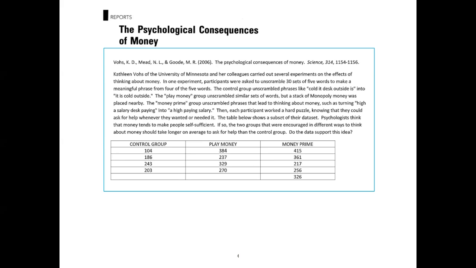In the play money group, they do the same thing, except they have stacks of Monopoly money next to them somewhere that they can see it. And in the money prime group, they need to unscramble phrases that remind people of money. So the overall question is, if people are made to be more self-sufficient when they're thinking about money, then people in the play money and the money prime group should ask for help less quickly than people in the control group.